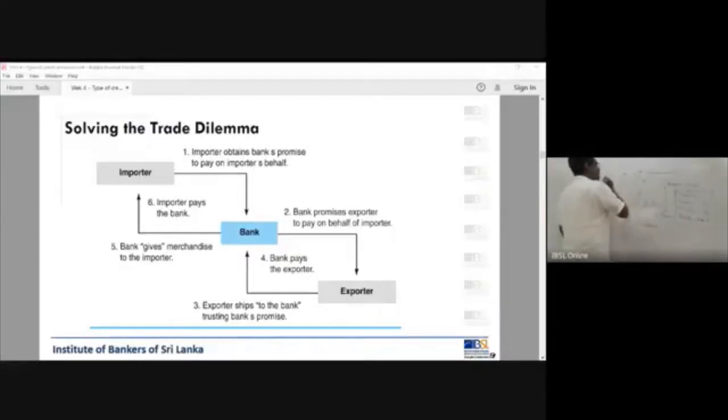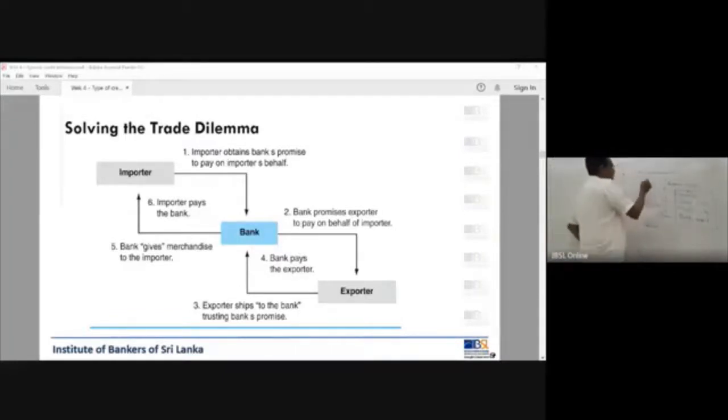He will send back a purchase order, an agreement to buy. Now, since they don't know each other, they need to have some sort of a payment agreement. Payment agreement. So what happens?